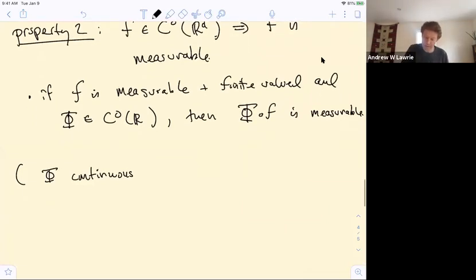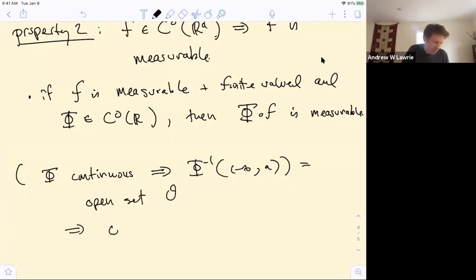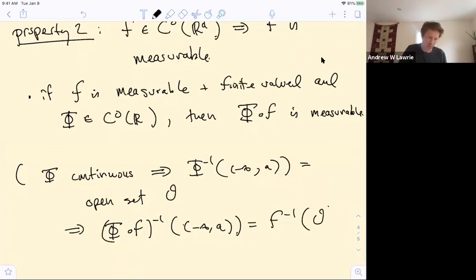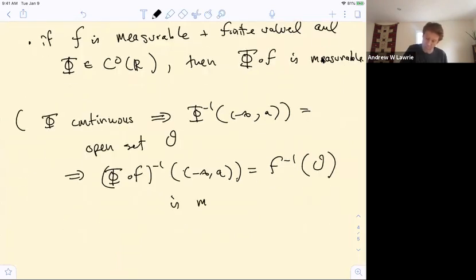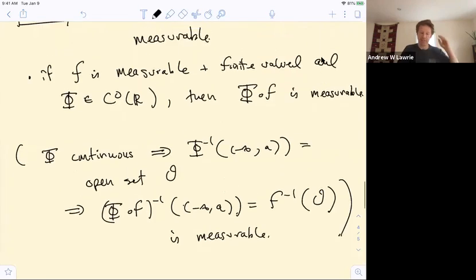If phi is continuous, this implies that the preimage is equal to an open set, which implies that phi composed with f, the preimage of this function, is just given by the preimage of O, which is measurable. So that's the proof of property 2.